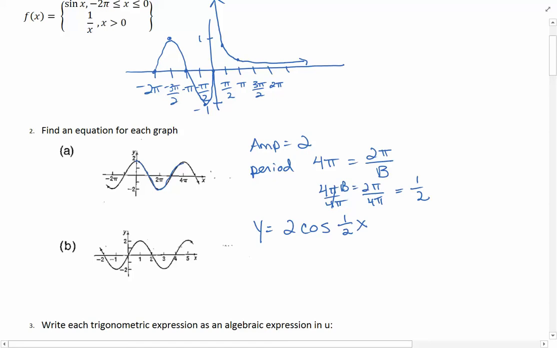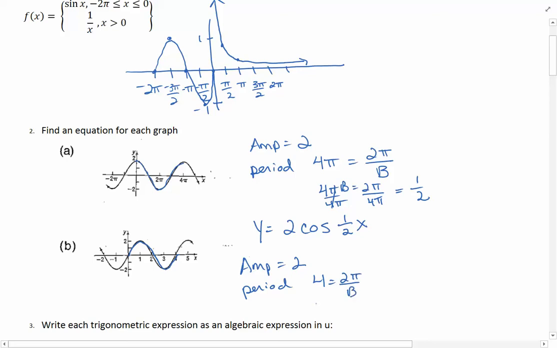And on b, we can think of this as a sine curve, not phase shifted, again with an amplitude of 2. Now our period though is 4. So 4 is equal to 2 pi over b.